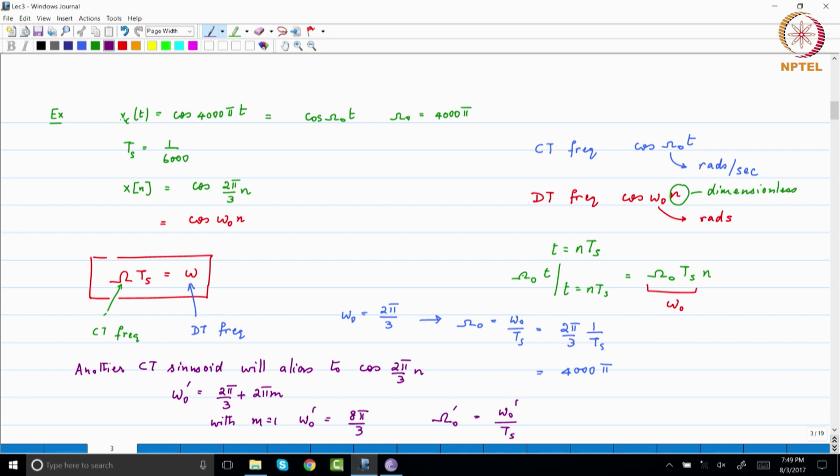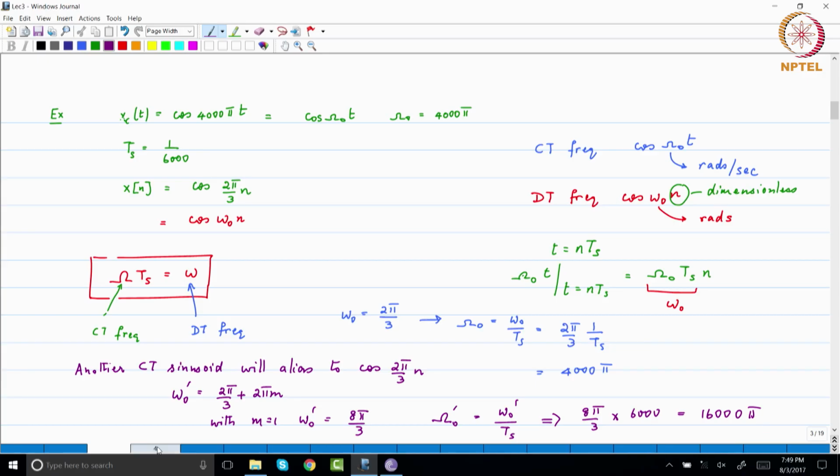This is the one that actually produced the aliasing. So, it will be 8 pi by 3 into 6000, that will be 16,000 pi. So, a continuous time signal cosine 16,000 pi t radians per second will produce the same result as the case of cosine 4,000 pi t.